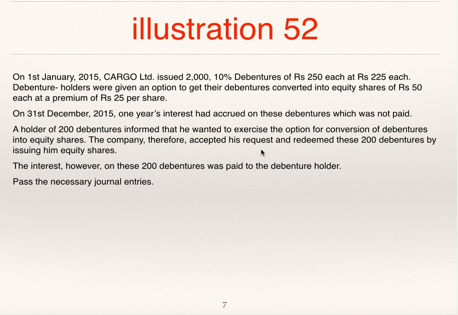The company therefore accepted his request and redeemed these 200 debentures by issuing him equity shares. So company has issued him equity shares and his debentures were converted into equity shares. The interest, however, on these 200 debentures was paid to the debenture holder. 1 year's interest was outstanding, but only after conversion of these 200 debentures was interest paid. Remaining is still outstanding. Pass necessary journal entries.